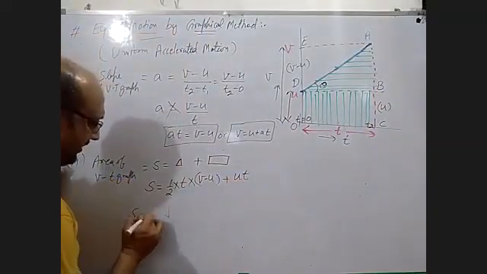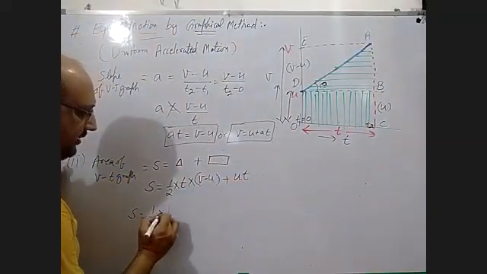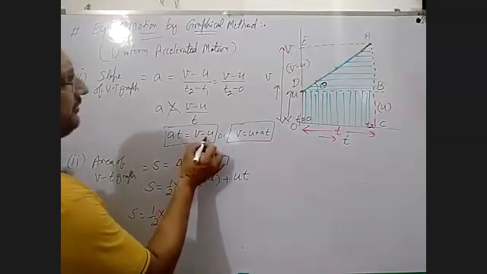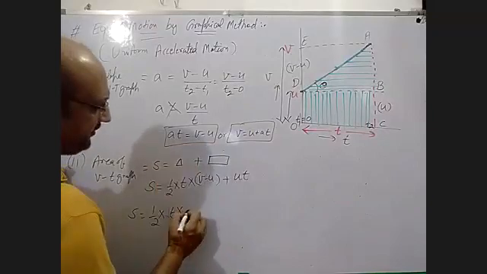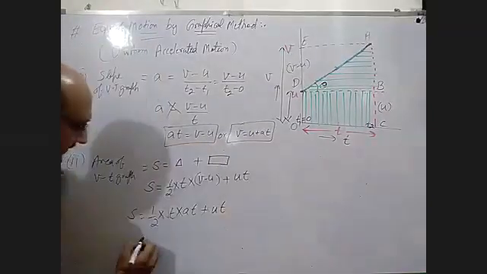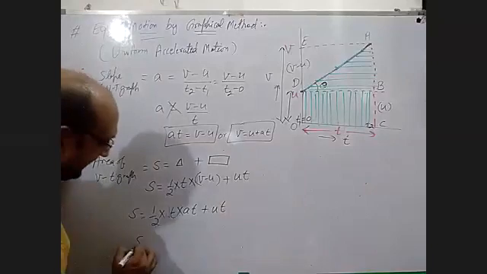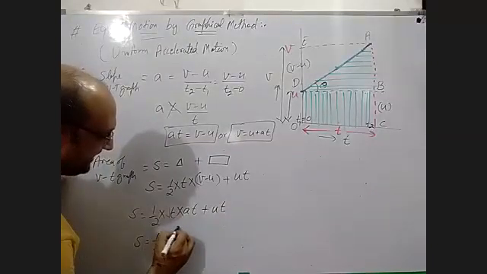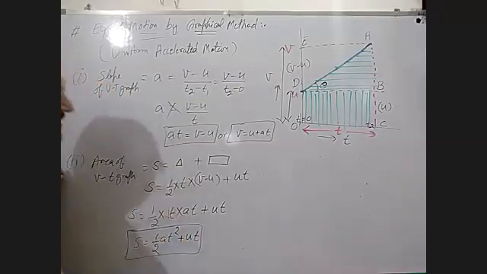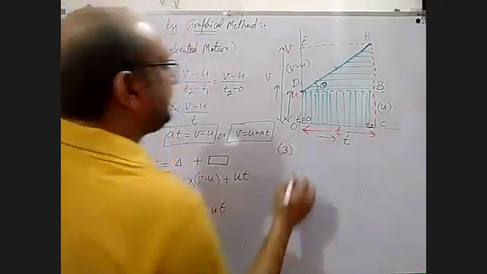Now S is equal to 1 by 2 into T into V minus U. From equation first, V minus U is equal to AT. So S is half AT square plus UT. This is the second equation.